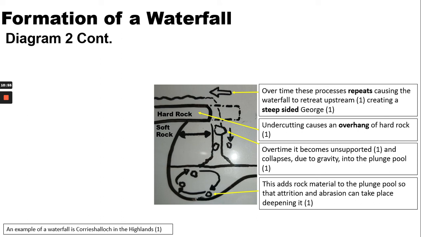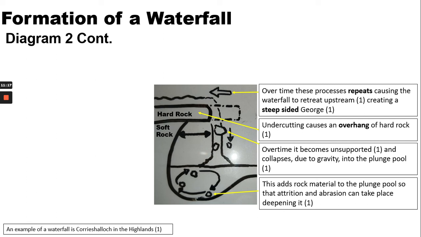They repeat, or they continue, and they cause the waterfall to retreat upstream. So that's what the arrow is reminding you, and that creates a steep-sided gorge, as you'll have seen in the video. So that's really giving you another 2 marks, just talking about the repeated action of these processes causing the waterfall to go back upstream, creating a steep-sided gorge, 2 marks.